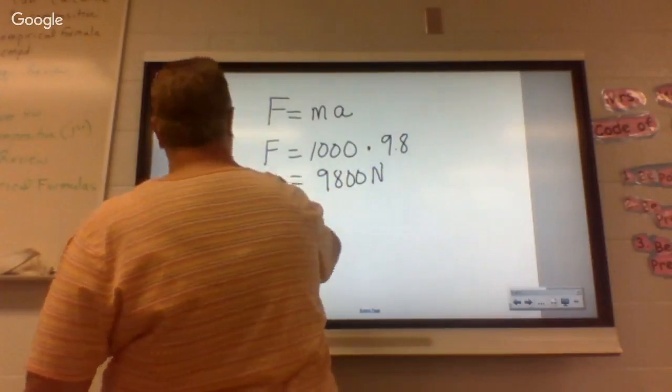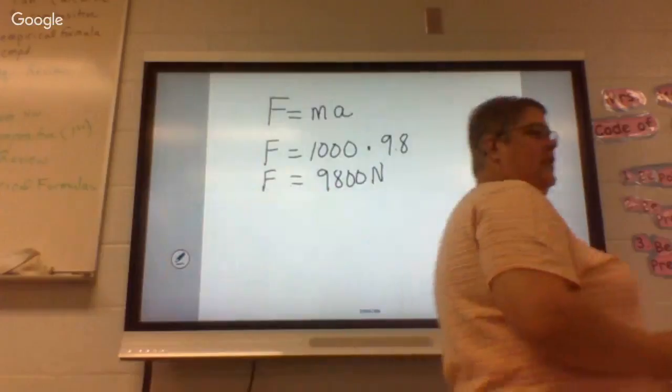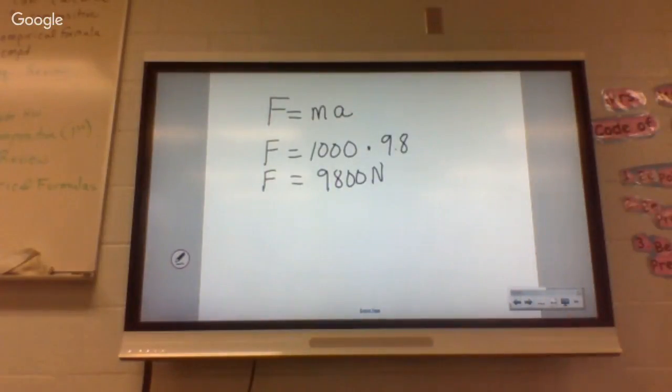This is the easiest rule of thumb I can give you: if you're looking for force and they have not told you anything about acceleration, your acceleration is probably 9.8. The question says, what is the force? Force is F. They've given you nothing about acceleration, so it's probably 9.8.